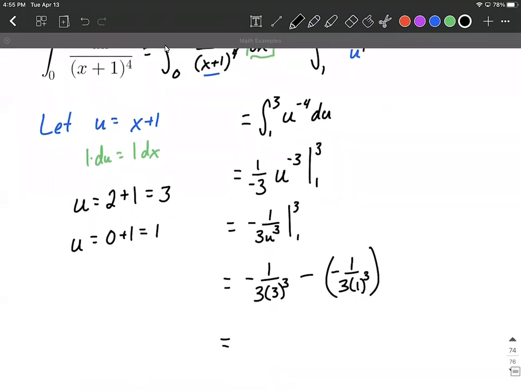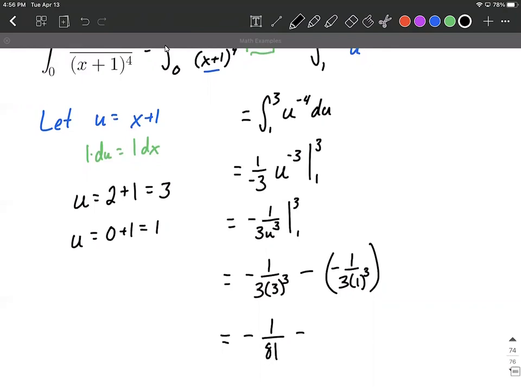And let's do some simplifying down. We have negative 1 over 4 copies of 3 multiplied together is going to be 81, minus 1 divided by 3, and then 1 cubed makes 1. All right, oops, this is supposed to be addition in between because we were subtracting away a negative.